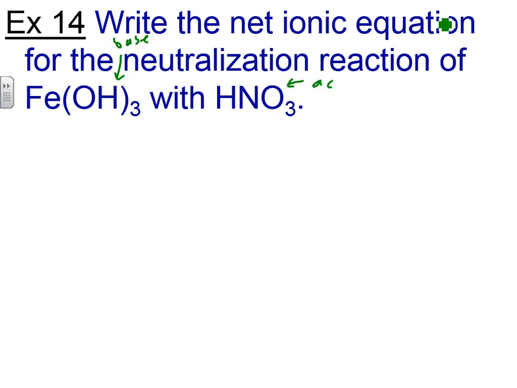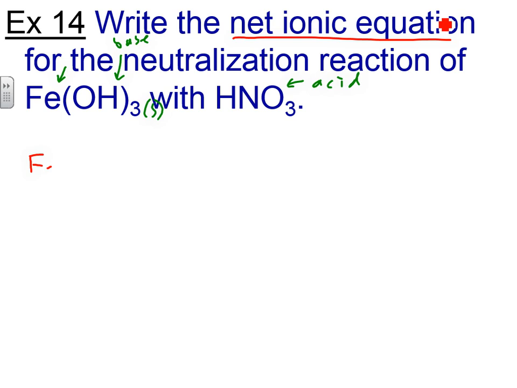But this base here is insoluble, because hydroxides are usually not soluble, unless with a group 1 ion or an ammonium, but iron is not one of those. So this actually is a solid, which will make this a little bit of a different net ionic equation. We're still going for the net ionic equation. We'll just get there a little different, or we'll use the same method. You'll see it's not simply H plus OH to give you water. Alright, so iron hydroxide, let's go ahead and write that out.